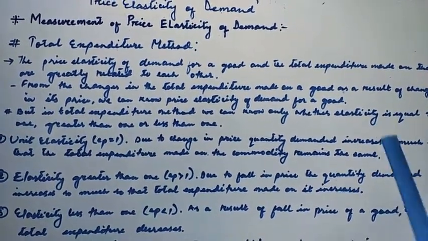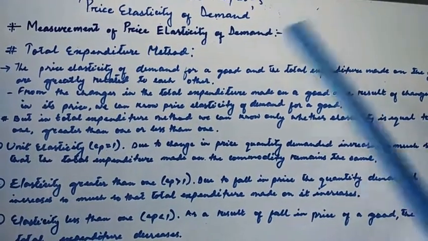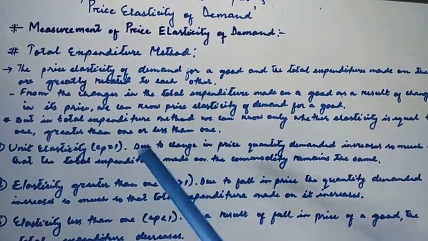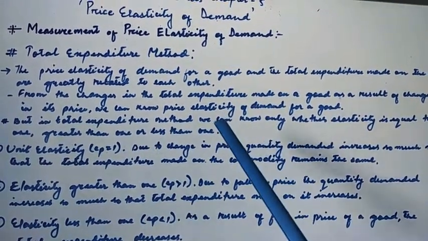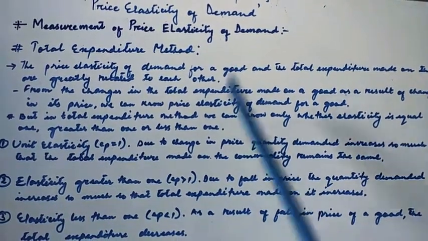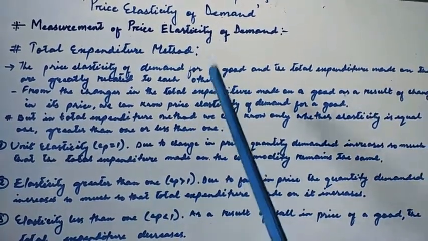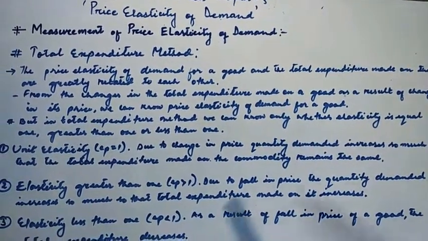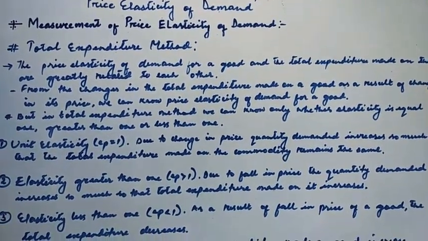So when the price changes, your total expenditure on that good changes. And because of that, we can know the price elasticity of demand. So they are closely related to each other.